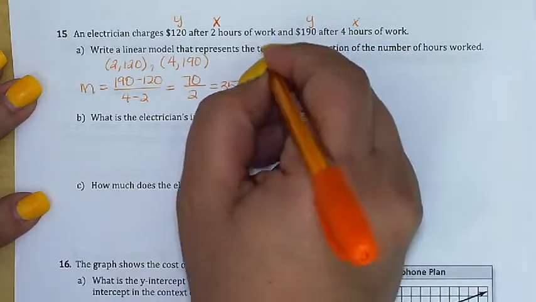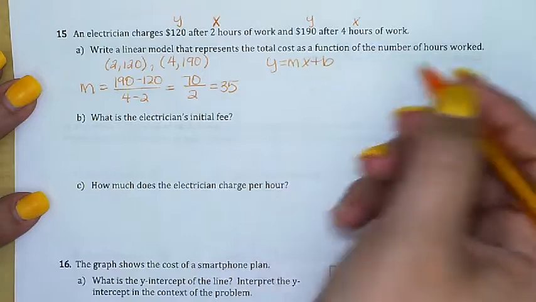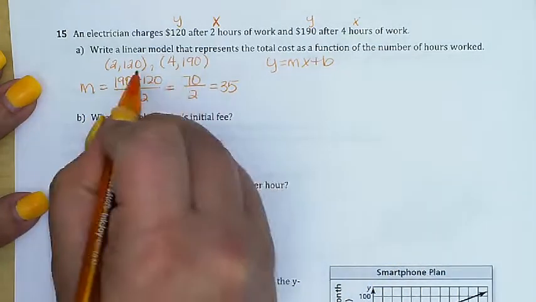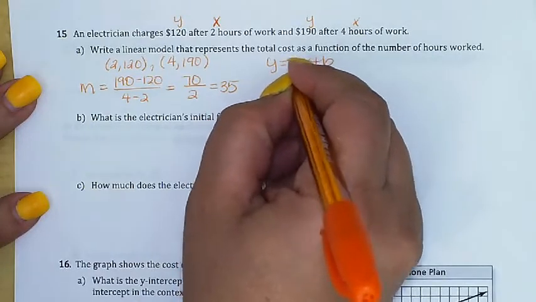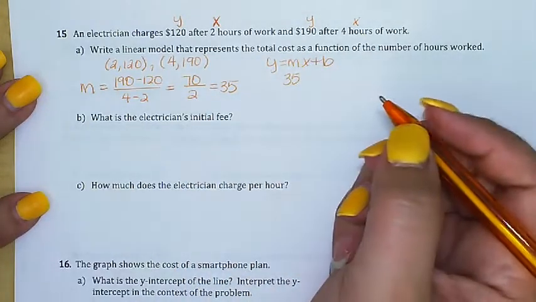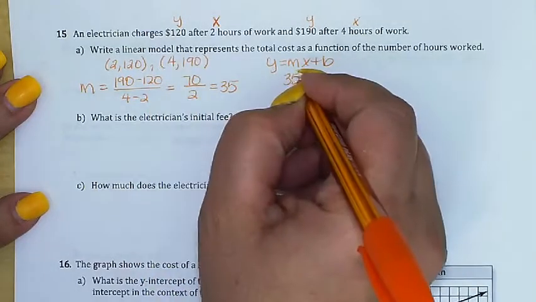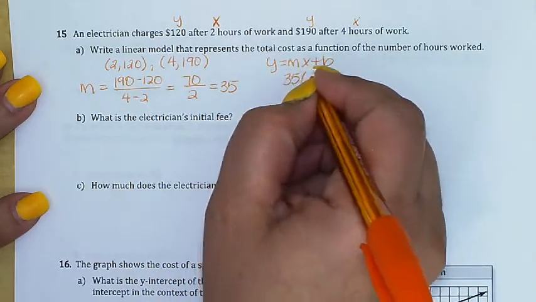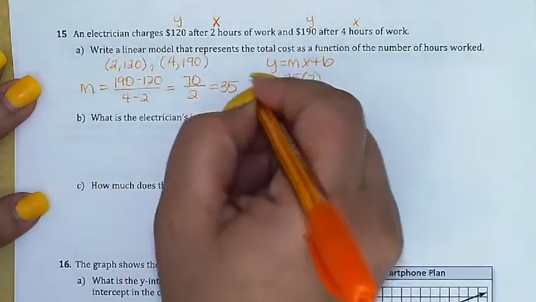Then we can go to the equation itself, y equals mx plus b, and insert that slope and either one of our points. So we know that the rate that the electrician is charging is $35 per hour. We also know that, for example, when the electrician worked for 2 hours, the output was 120.